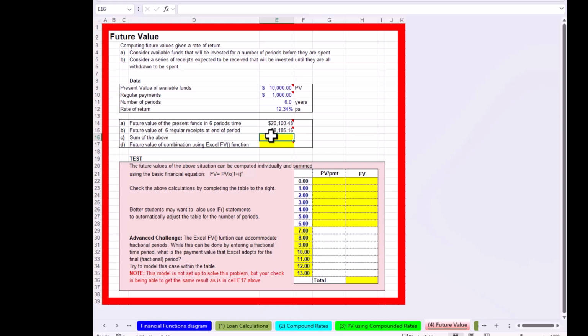That gives me that sum. Now I'm going to check this by doing it all at once with the Excel FV function, and so save myself a little bit of time. The rate 12.5, the number of periods 6, the number of periods is minus that cell, and the FV is minus that cell. Close brackets, done. And we can see that these are the same.